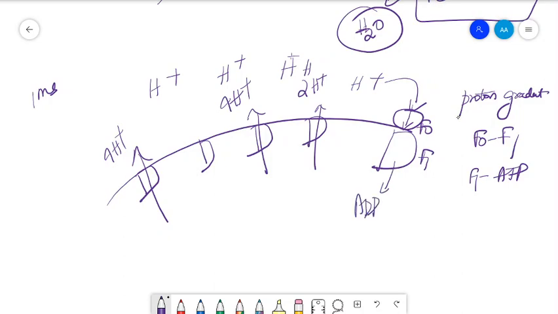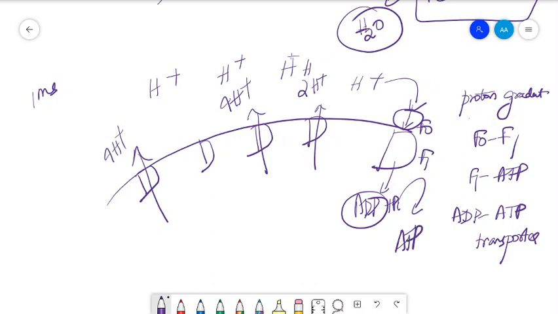The ADP from the cytoplasm enters with the help of an ADP-ATP transporter, a transporter which helps transport ADP inside the inner mitochondrial membrane. It then receives phosphate and ATP is formed. Thus ATP is synthesized by the F1 subunit.